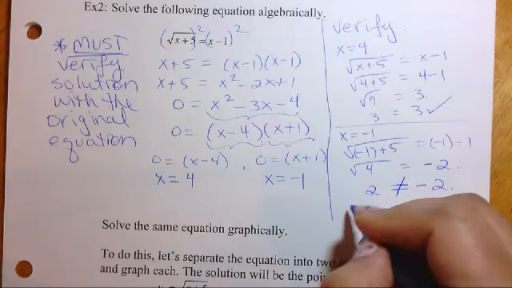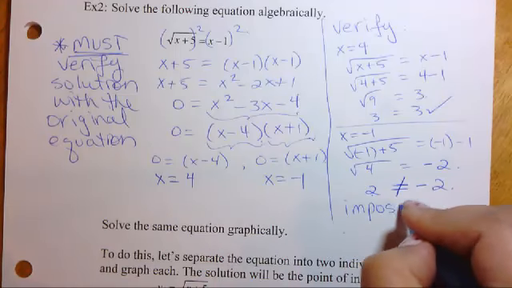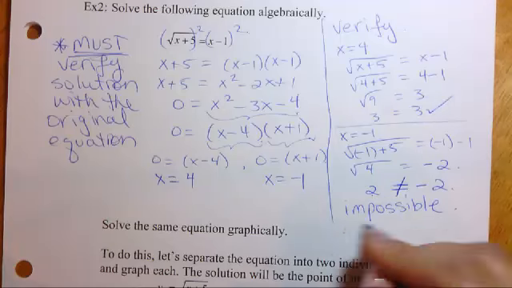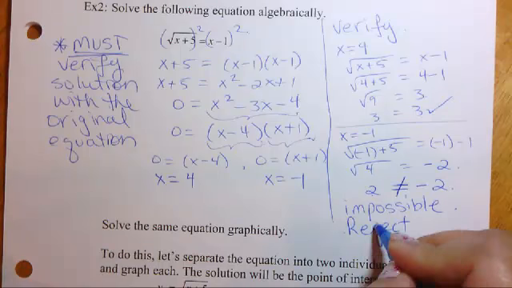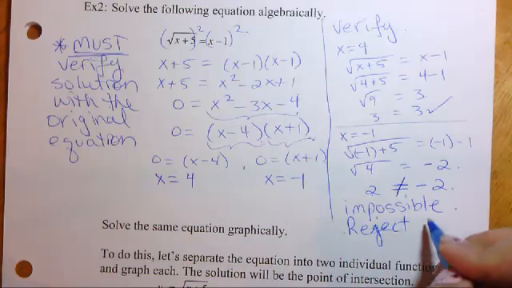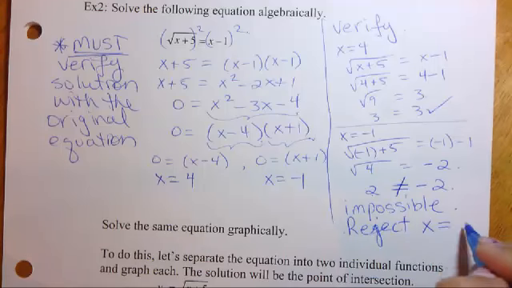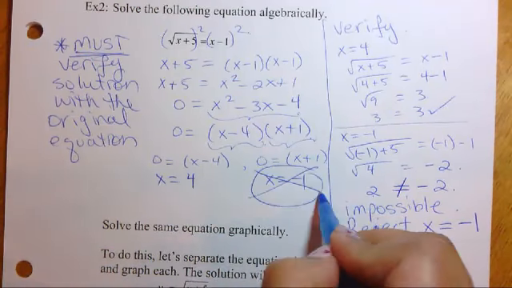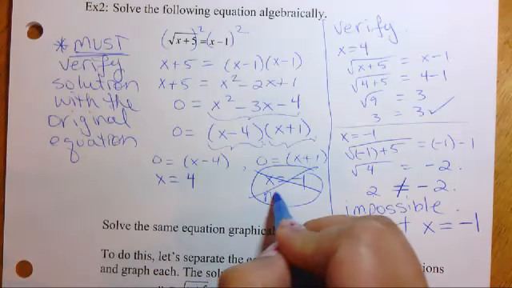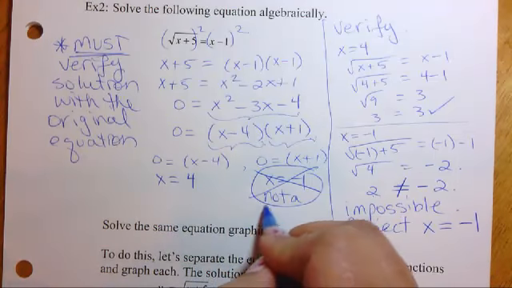These are not equal. This is impossible. Okay, so you must reject x equal negative 1. So over here, you must show that that is not a solution.